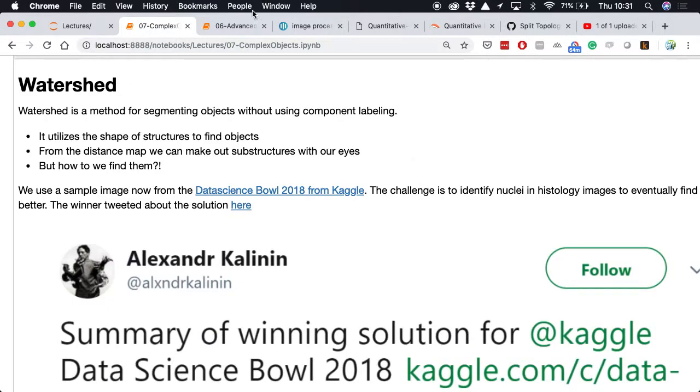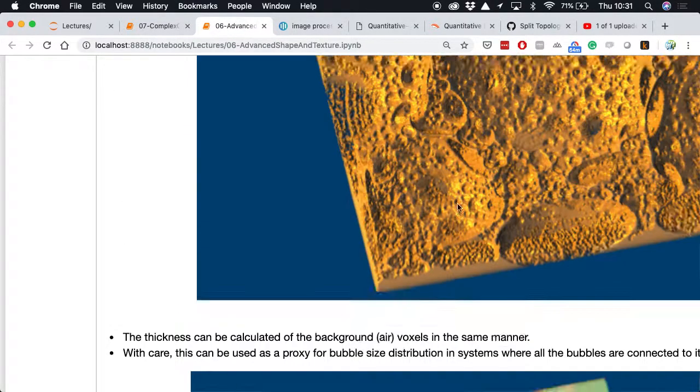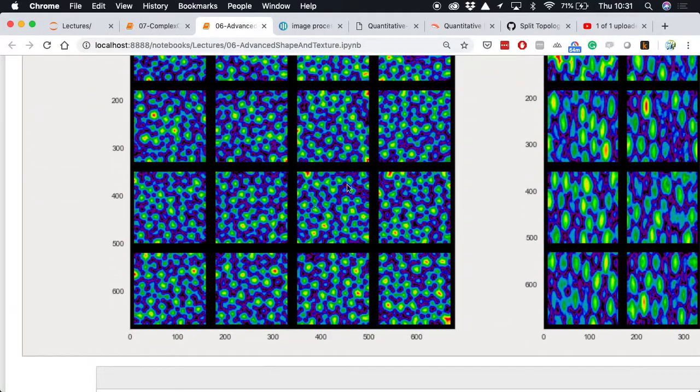And so we remember from before that with the distance map, if you look at this distance map, even though all these components are connected together, you intuitively see structures. So you see circles, you see gaps between them, you see objects, even though they weren't really there in the original segmentation, and even though they're touching.